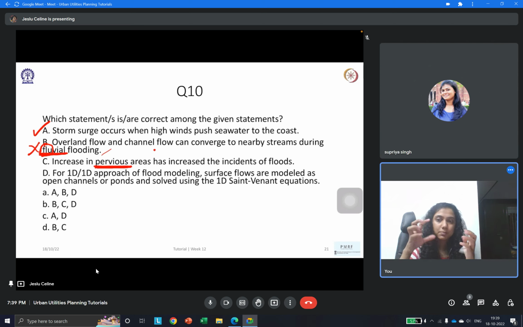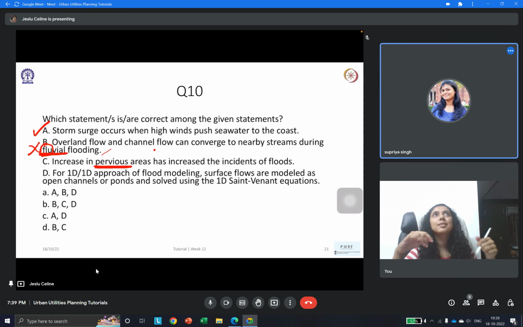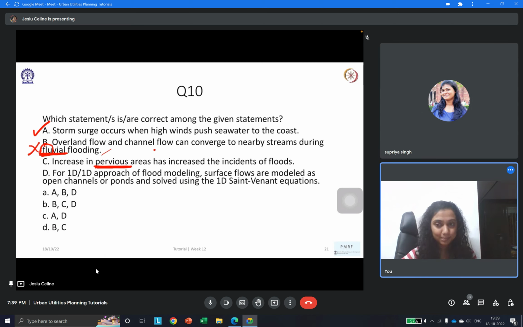Impervious areas can increase the incidence of floods, because impervious means it cannot percolate, but pervious means it can. So this is wrong, because if it can percolate and penetrate into the groundwater, then it will not cause floods, right? So increase in perviousness reduces the incidence of floods. So this is wrong.